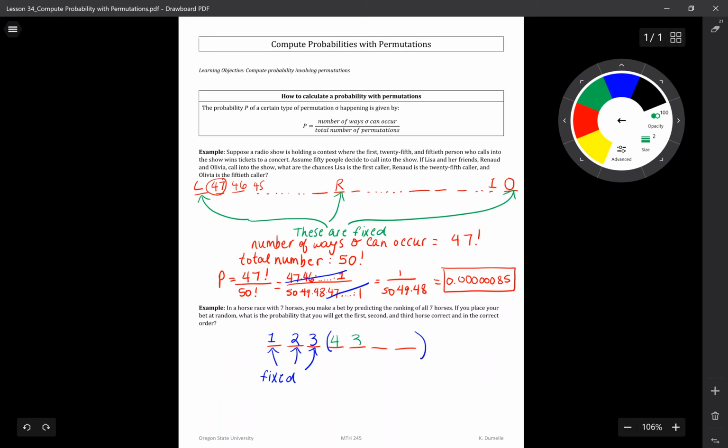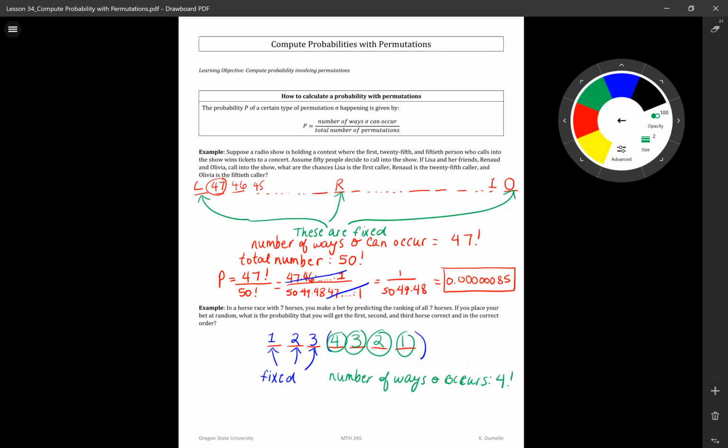I have 3 possibilities here, 2 possibilities here, and 1 possibility here. So the number of ways that my situation that I want to occur is 4 factorial, right? 4, 3, 2, 1. So the number of ways that sigma occurs is 4 factorial.